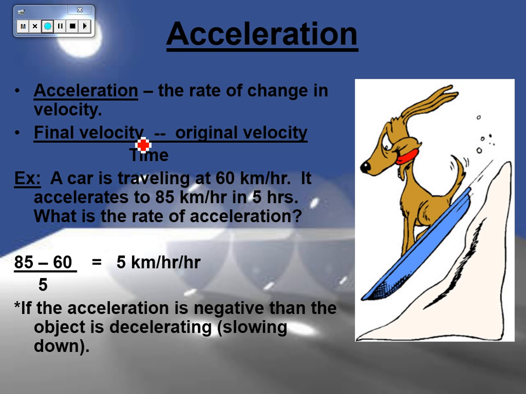final velocity. So we're talking about the speed of the moving vehicle or whatever it is that's moving at the end. Final meaning ending. Original is starting. So final velocity, subtract original velocity, divided by time. Here's your example. A car is traveling 60 kilometers per hour. It accelerates to 85 kilometers per hour.